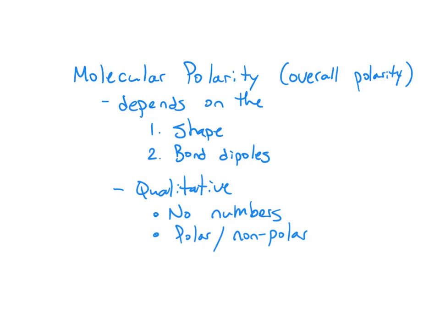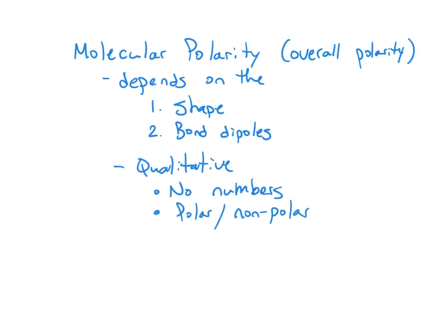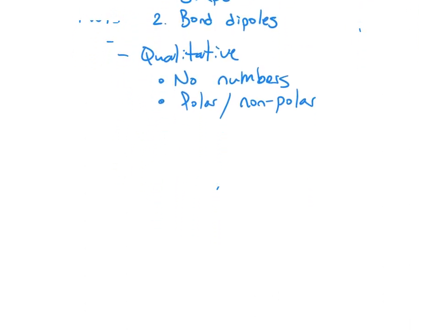Now it's time to decide how to determine the molecular polarity, and as I mentioned above, let's take a look at the shape. What you're looking for is a molecule that looks not symmetrical, or in other words, lopsided, or asymmetrical. Of the 5 shapes that we talked about, 2 of them will always yield asymmetrical or lopsided looking molecules.